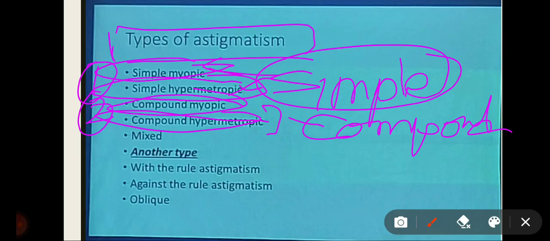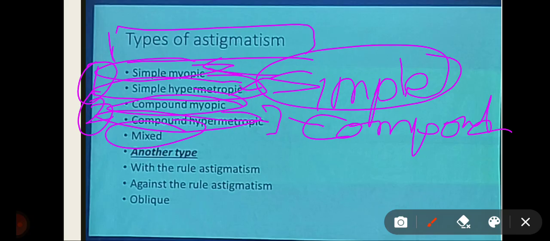And then there is the mixed type of astigmatism. This refers to a condition wherein the light rays in one meridian are focused in front and in the other meridian behind the retina. Thus, in one meridian the eye is myopic and in the other hypermetropic. Such patients have comparatively less symptoms.